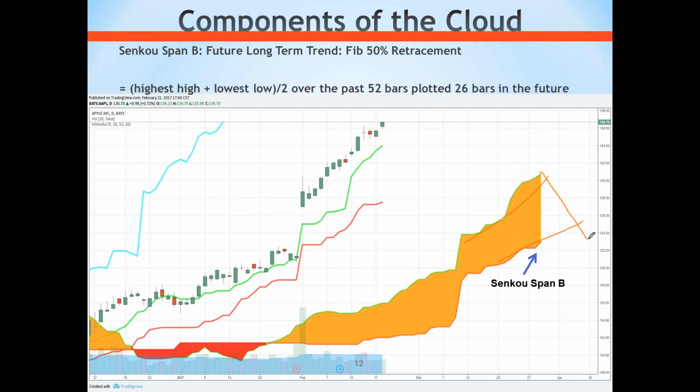Now, if this were to start to slope lower and the Senkou span B became the top line, then that would be a downward sloping cloud. That'd be an indication that maybe the trend is starting to get exhausted. So basically what I'm given in using the Ichimoku cloud is a bunch of different checks that I can make on trend.